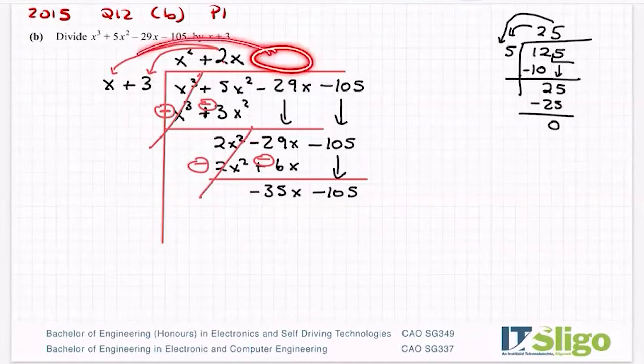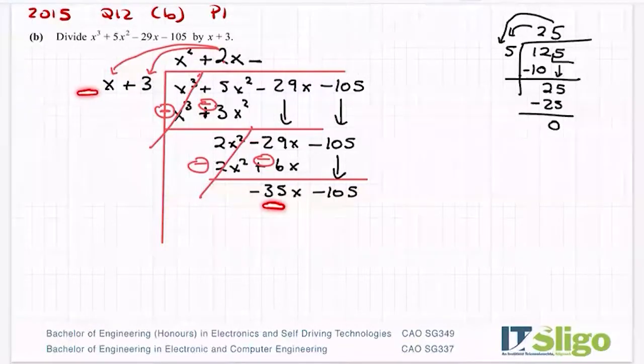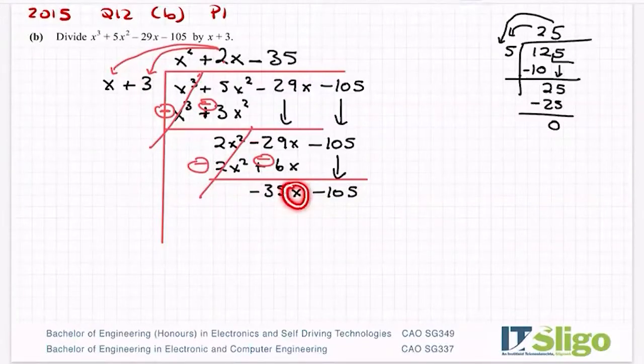What must I multiply by x to make it minus 35x? Because now I want to cancel the x's. Well, I definitely need a minus, that's for sure. I have no number out here, so I need a 35. And I don't need an x because there's one x. I'm going to multiply that minus 35 by the x and by the 3.